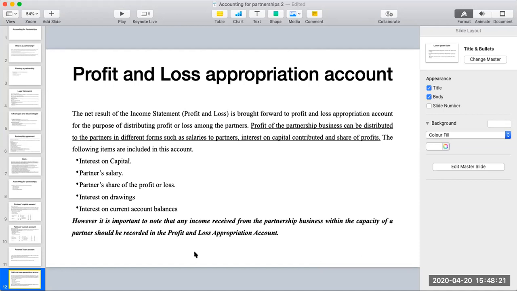If not, that will be recorded in the P&L account. Now, when we do a sum, we'll understand what are the income and expenses received and paid within the capacity of a partner and under the normal course of business.